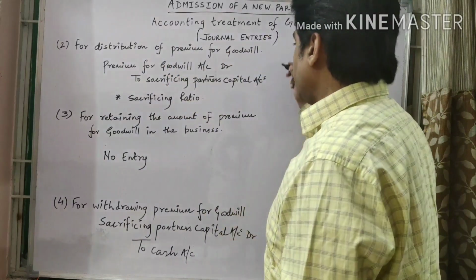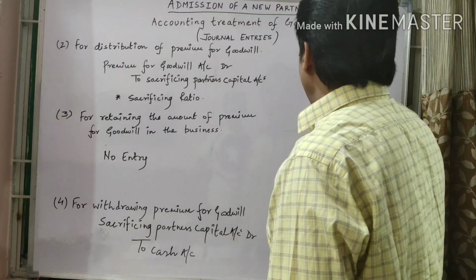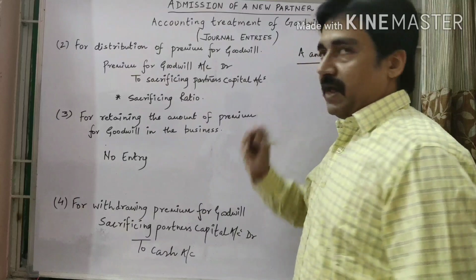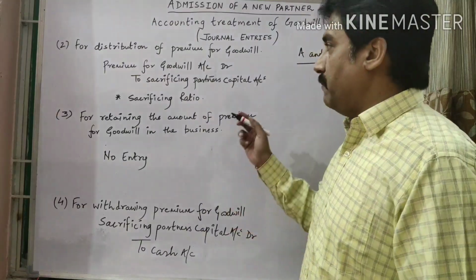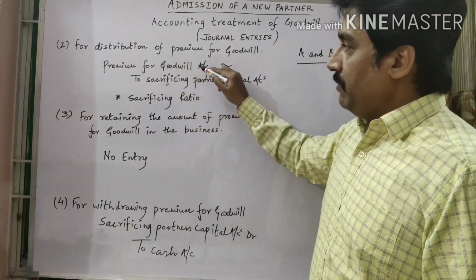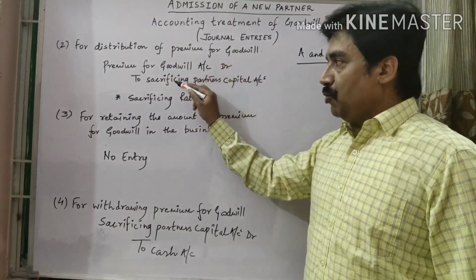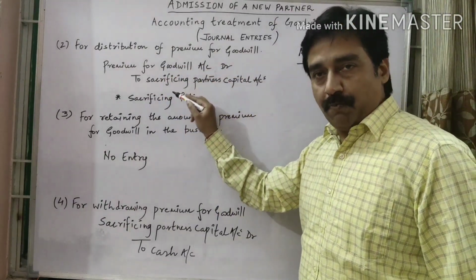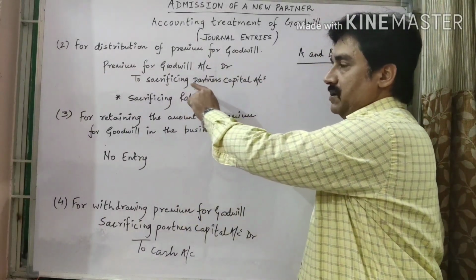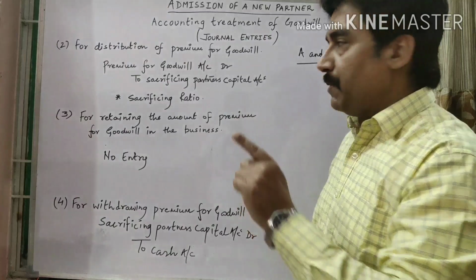So if A and B are the old partners and both of them have sacrificed for the admission of the new partner, the entry would go like this: premium for goodwill account debit to A's capital account, to B's capital account.